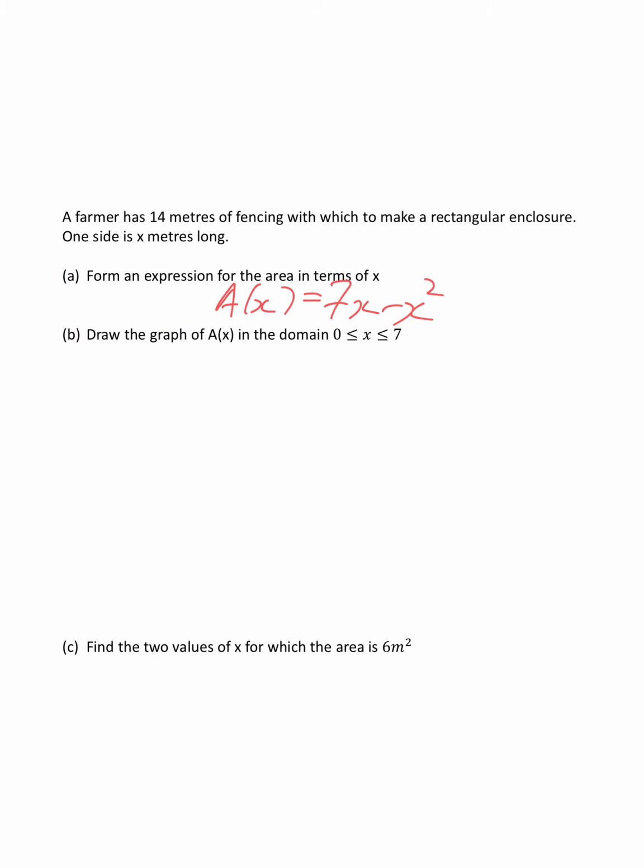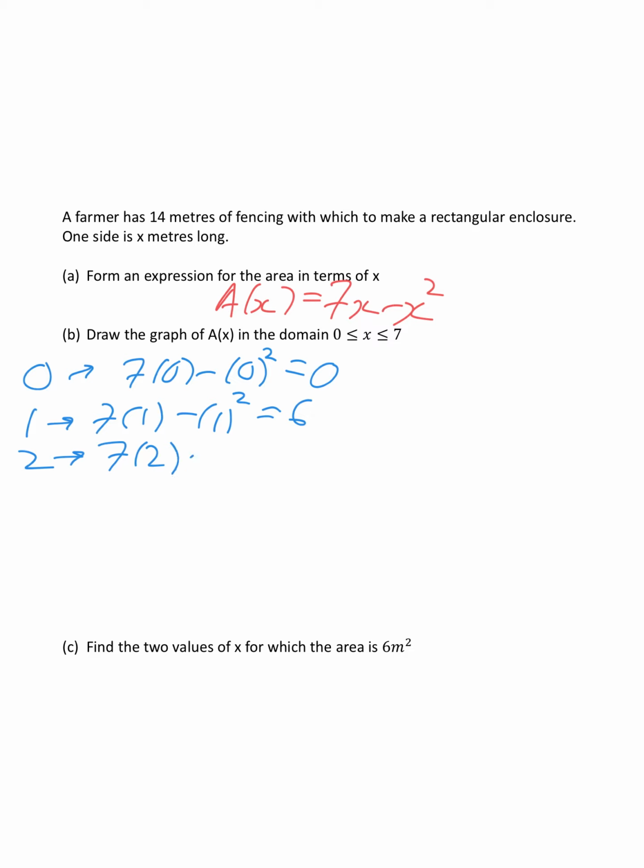Okay, so we know how to do this. So I'm going to sub in all those values. So putting 0, we have 7 times 0 minus 0 squared. That'll be 0. Subbing in 1 then. 7 times 1 minus 1 squared will equal 6. Subbing in 2. 7 times 2 minus 2 squared.